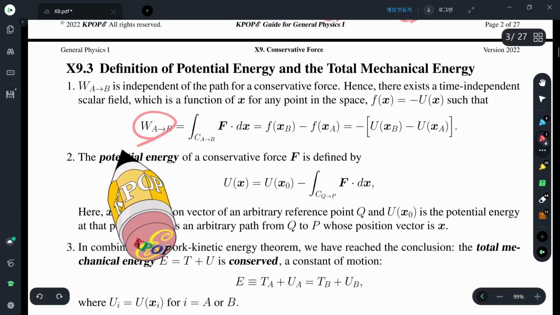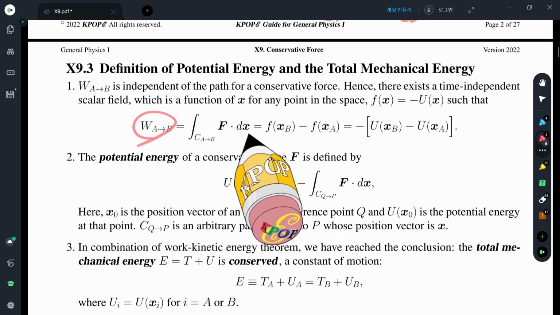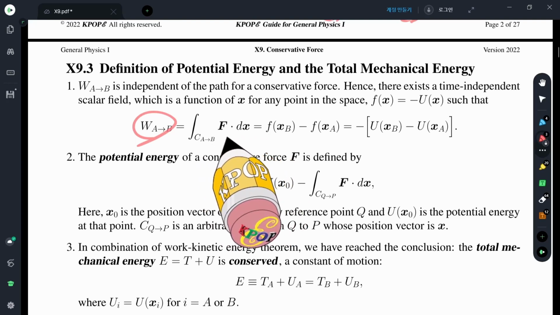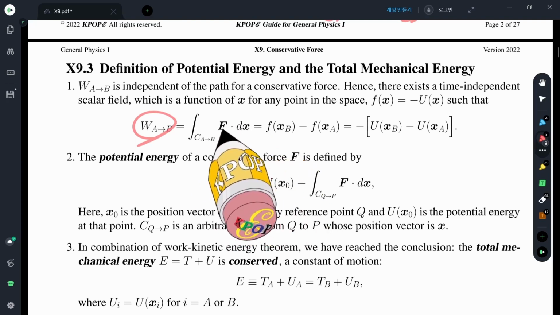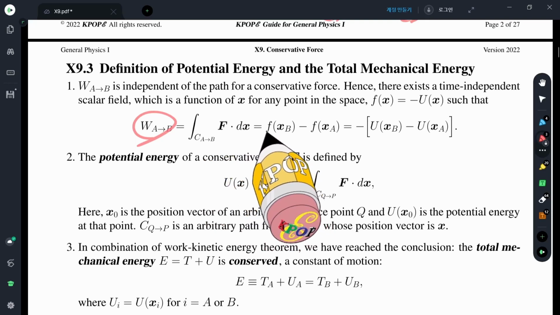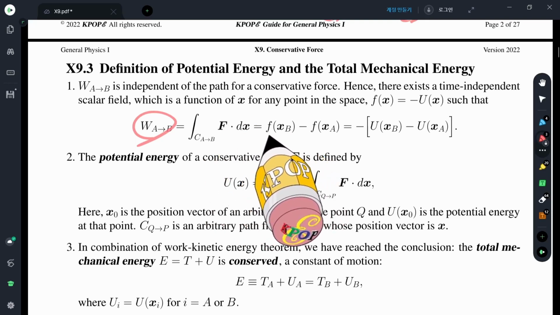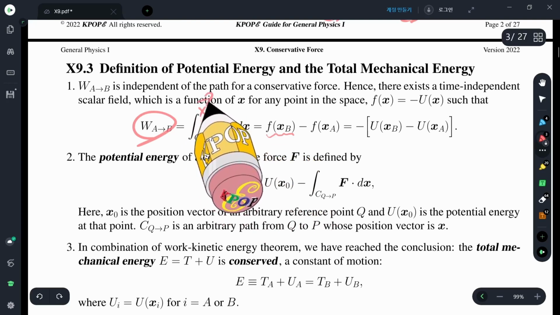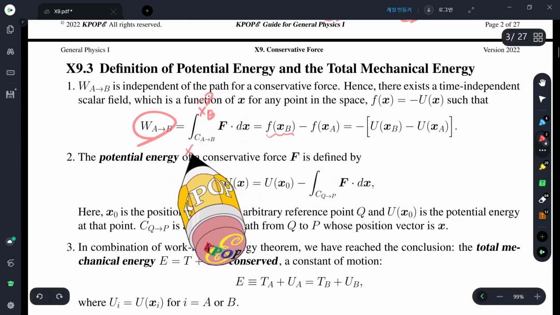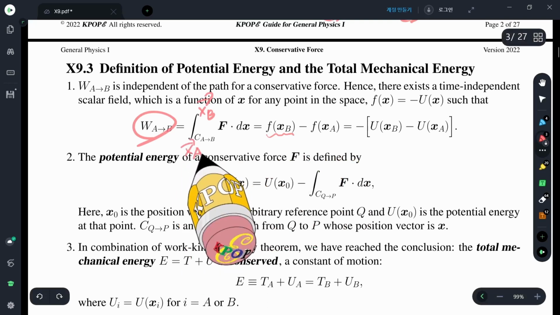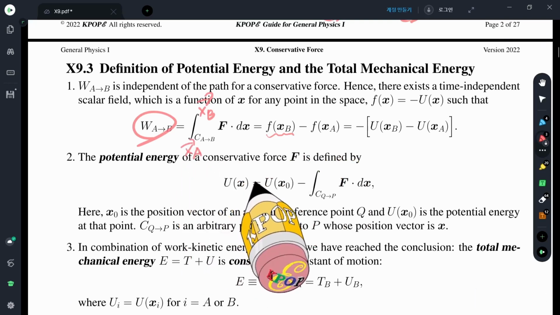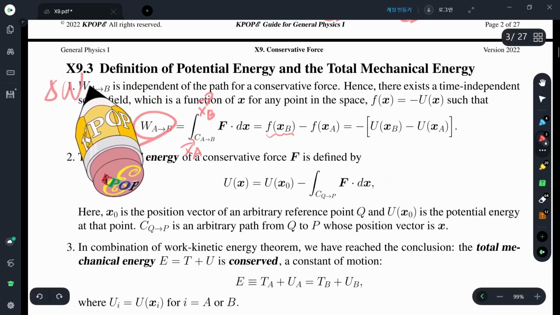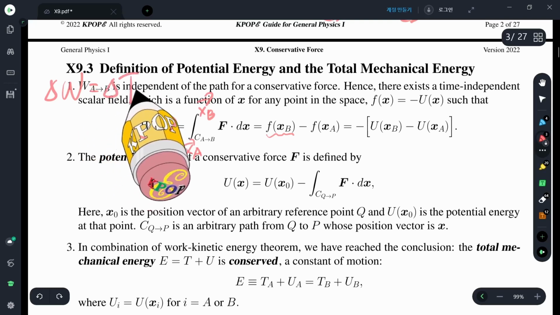The work done by a force can be computed in such a way that it depends only on the end point, some function. After integration we find some function evaluated at the point B and subtracted by the function evaluated at point A, the starting point. As I already told you, the work is the difference in the kinetic energy.